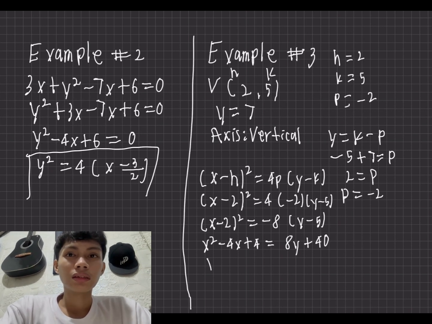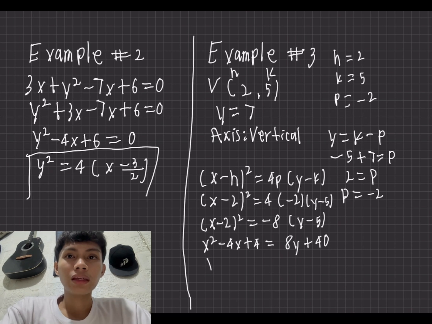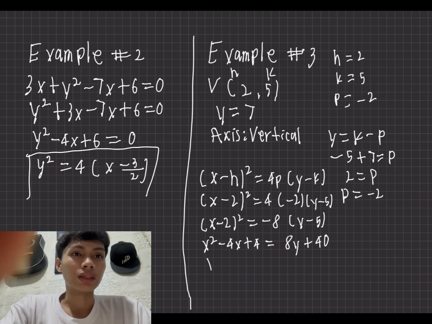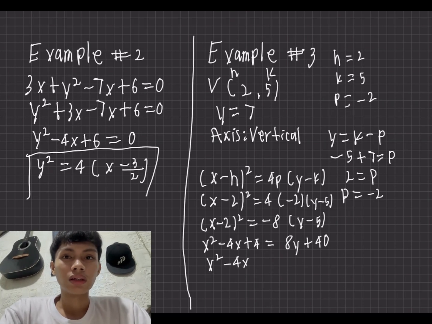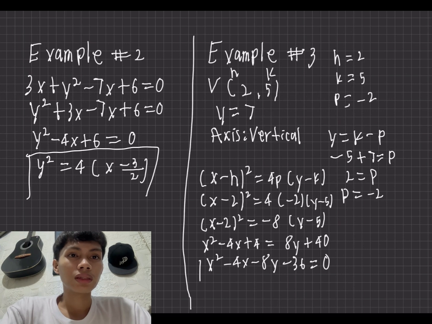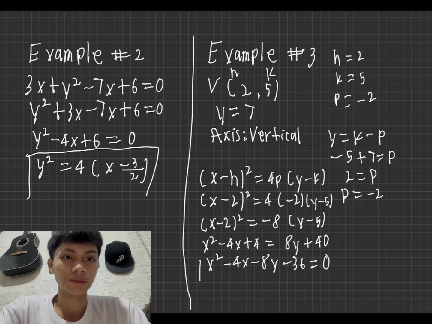Distribute 8 times negative 5, that will be 8y plus 40. Then equate to 0. Copy x squared, negative 4x, negative 8y, 4 plus 40 equals negative 36, equals 0. That will be the final answer.